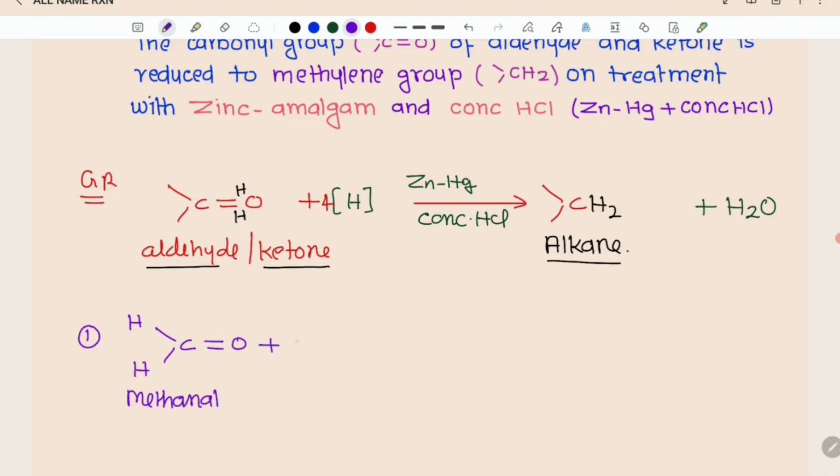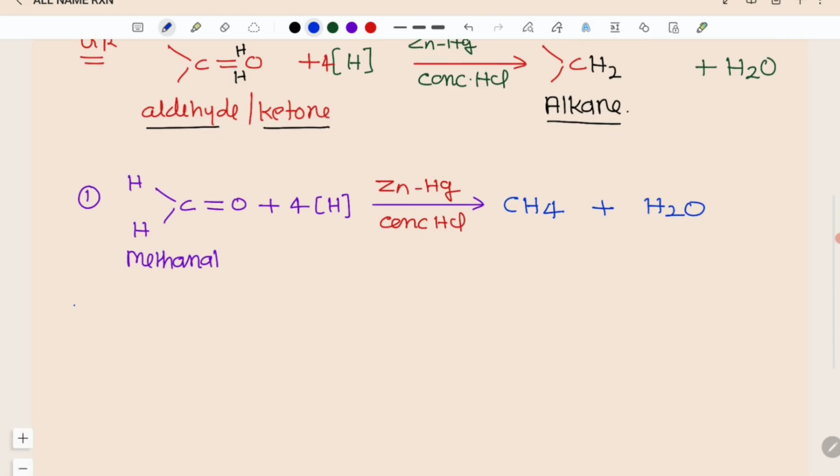There is a need of 4 hydrogen for the reduction, and this reaction takes place in the presence of zinc amalgam and concentrated HCl. So we get a one-carbon alkane, that is CH4 plus H2O.